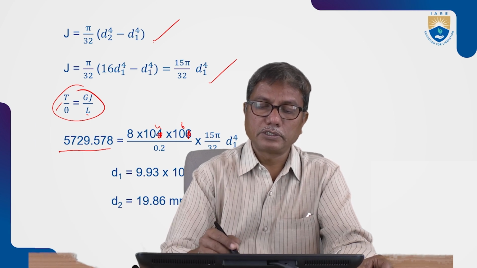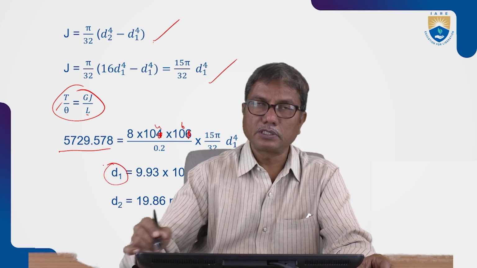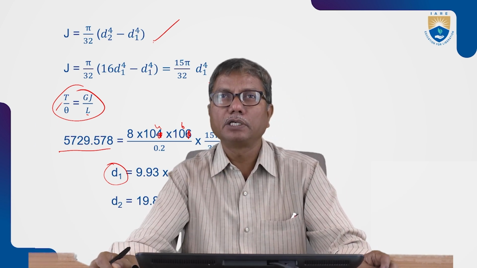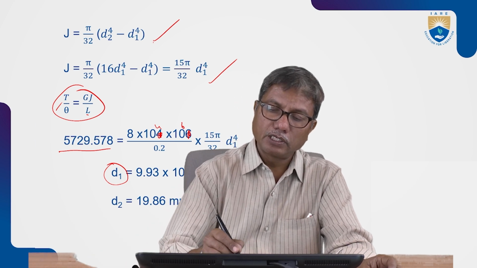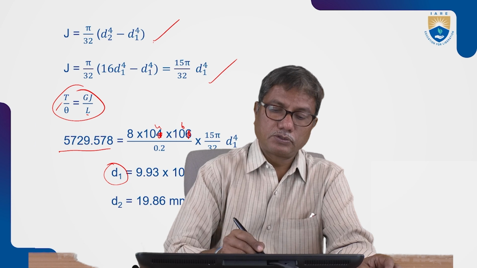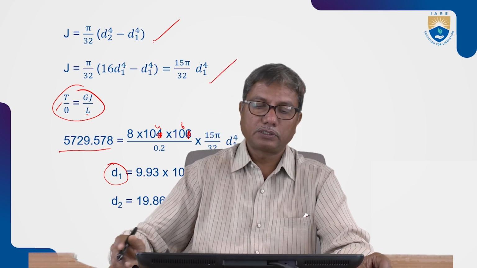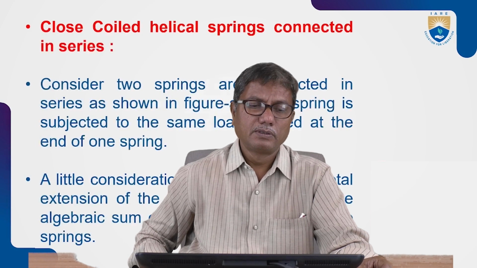Substituting all this, you will get d1, the inside diameter, which is 9.93 into 10 power minus 3 meters. In millimeters, it is 9.93 millimeters. And the outside diameter is 2 times the inside diameter, isn't it? 2 d1, that is 19.86 millimeters. That's how we find it.